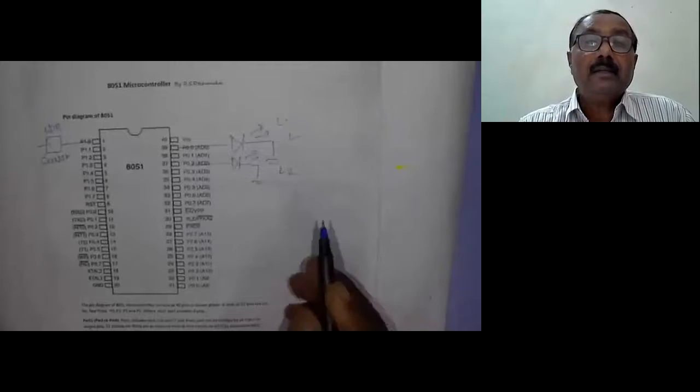Some of the interrupts are hardware interrupts, and some are software interrupts. In 8051, there are two pins, pin 3.2 and pin 3.3. These two pins are INT0 bar and INT1 bar. These are the external interrupt pins.